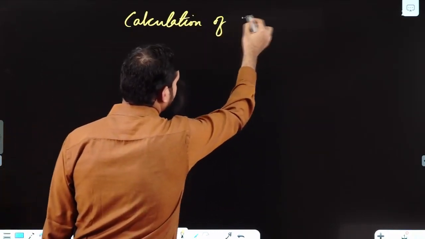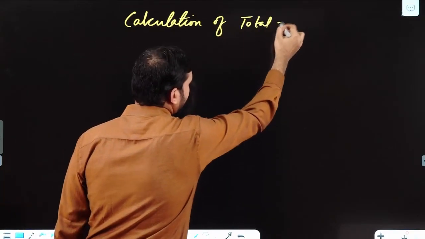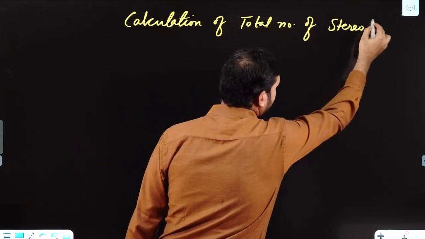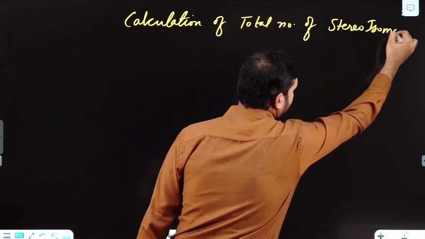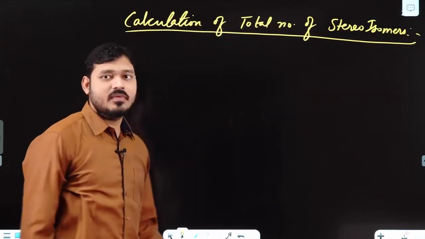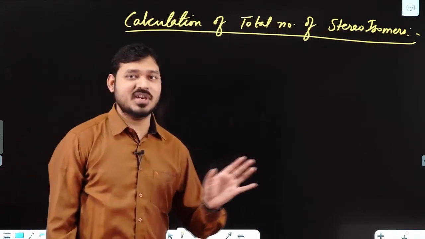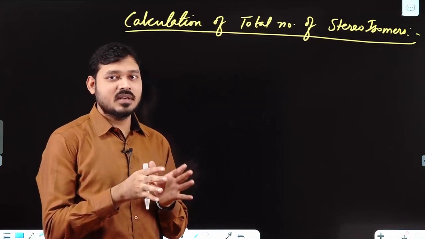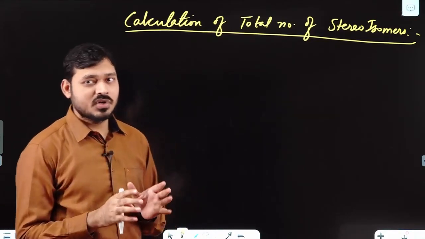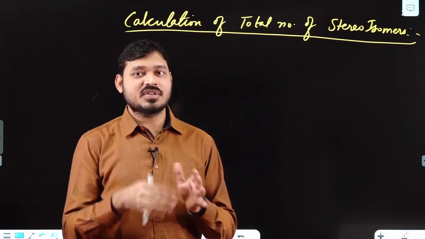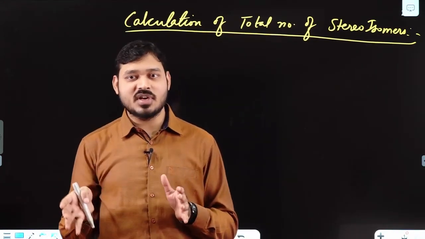Calculation of total number of stereoisomers. Here we are calculating the total number of stereoisomers, but let me tell you, the question may be asked as total number of isomers. When you say total number of isomers, it means structural isomers as well as stereoisomers.